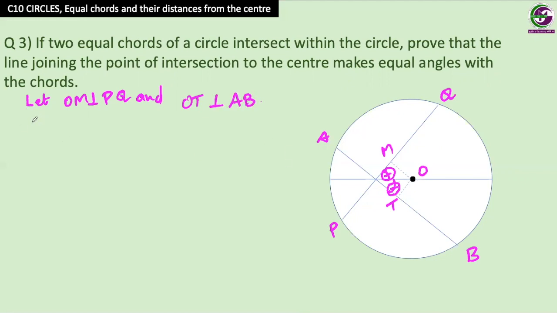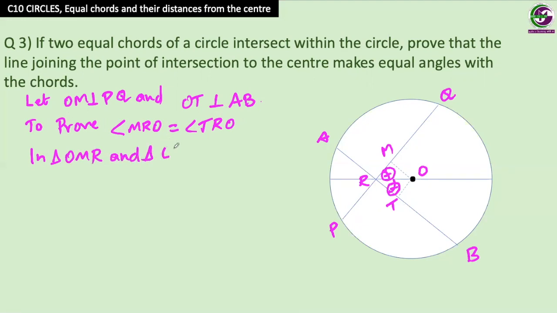To prove angle MRO is equal to angle TRO. So let's take the triangles. In triangle OMR and triangle OTR, we can find that OR is common.